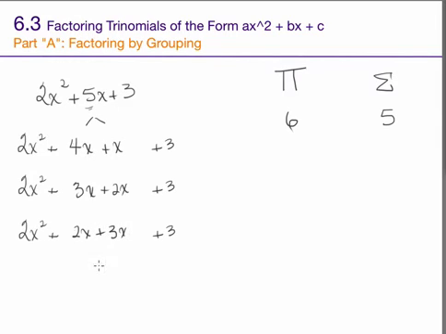But now I'm repeating myself. 2 plus 3 is the same as 3 plus 2. So I don't really need this version. So it turns out in this case there are only two ways to write 5x as the sum of two terms. But we need, for the middle two terms, not just to add up to 5, but the numbers in front of the x's to multiply out to whatever we get when we multiply these two.